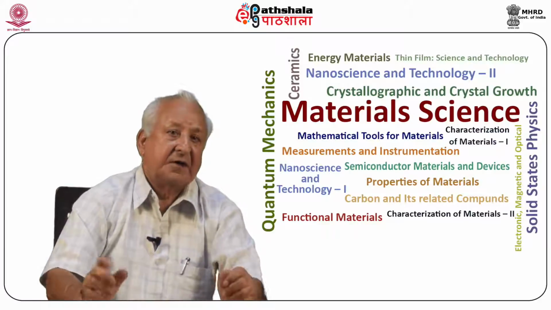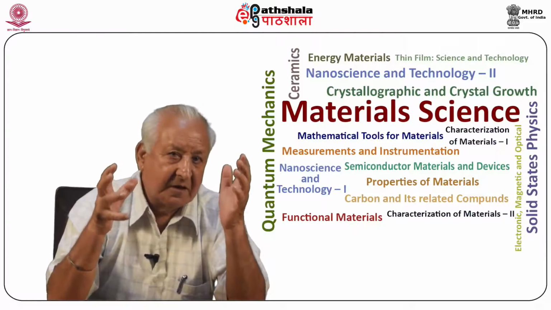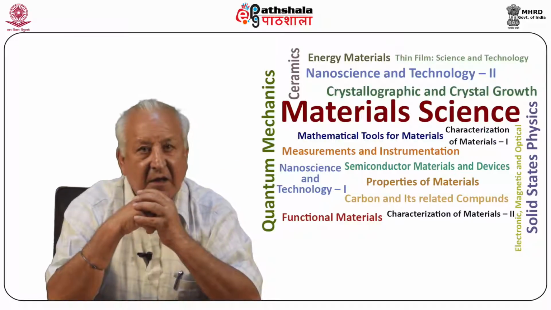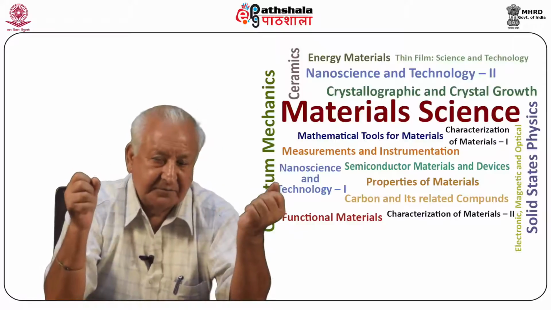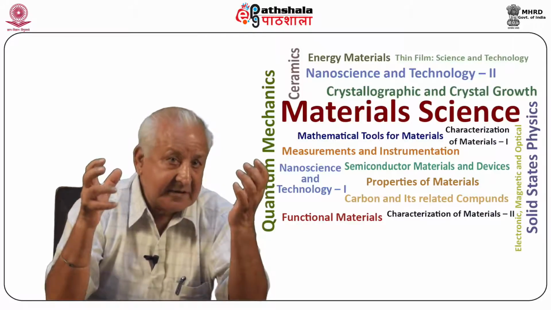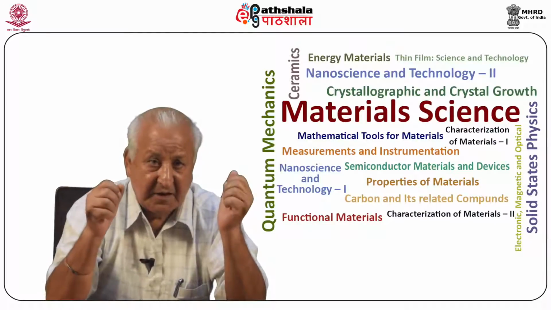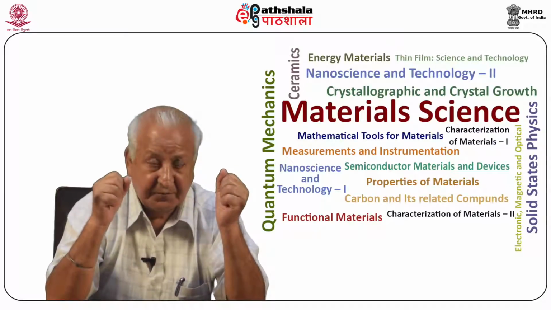So, students, let us summarize what we have learned in this module. The discussion has led us to learn about a particular type of defect known as color centers and how to achieve their creation.